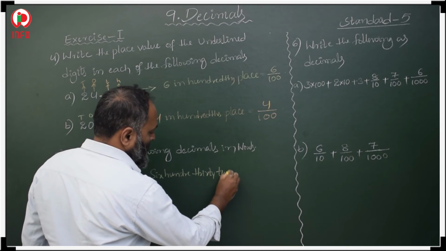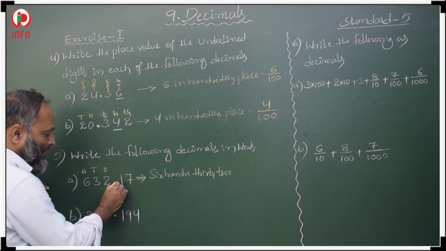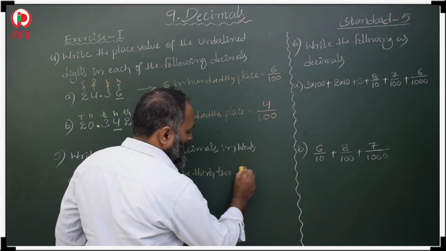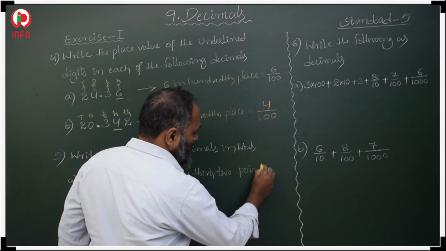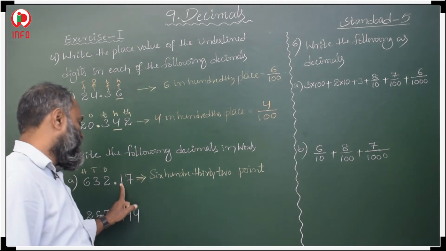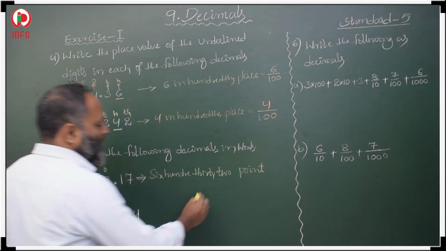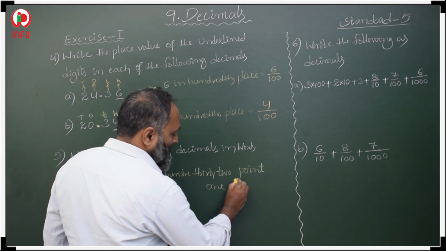After that 632, this is point. After that we should write point. 632 point. After the point we should write individual digits, that is 1, 7.